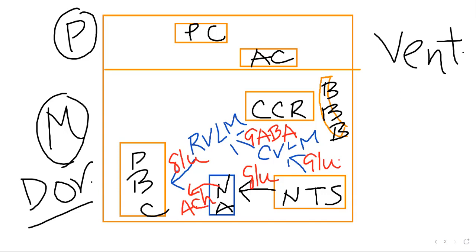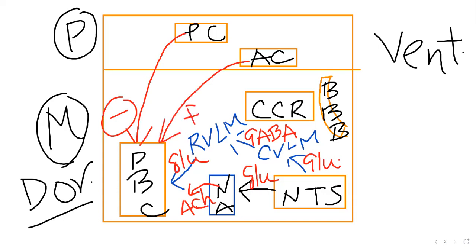On the other hand, for our understanding purpose, though it is not related to the chemical regulation of respiration, the pneumotaxic center, as it is an off center, inhibits the Botzinger complex, and the apneustic center has a stimulatory effect on the Botzinger complex, that you should know.